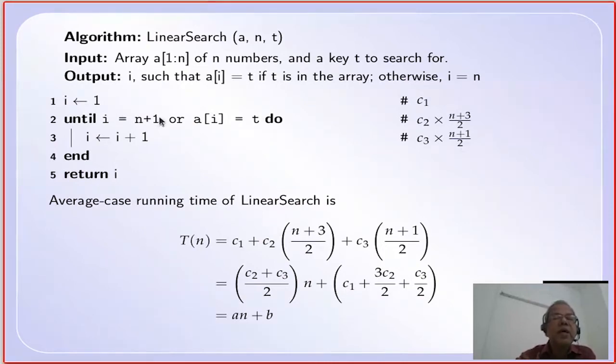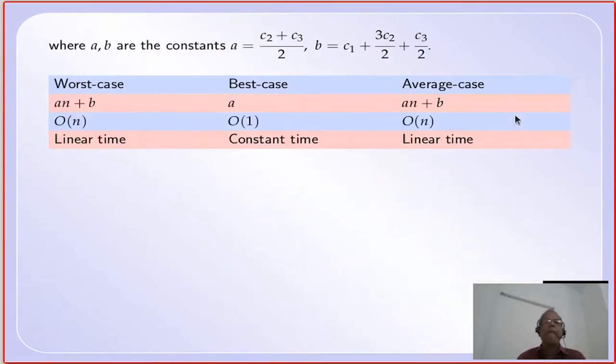Similarly, the condition on average will be n by 2 plus 1. So worst case, a n plus b, which is equal to big O of n. Best case, a, which is the same as big O of 1, and average case again a n plus b, which is big O of n. So there is no difference between worst case and average case. Both worst case and average case are linear time.